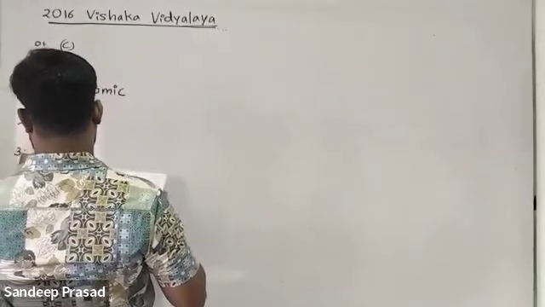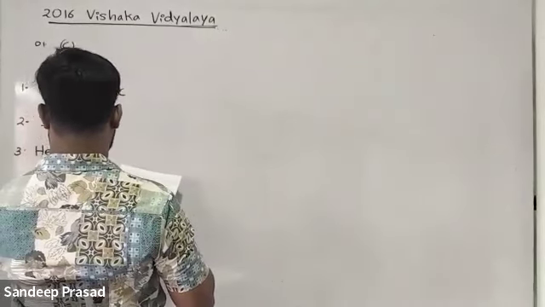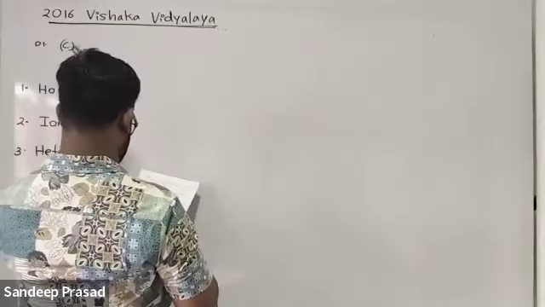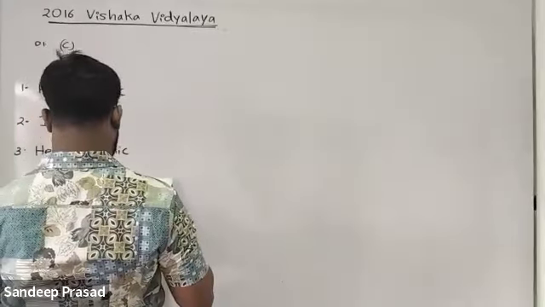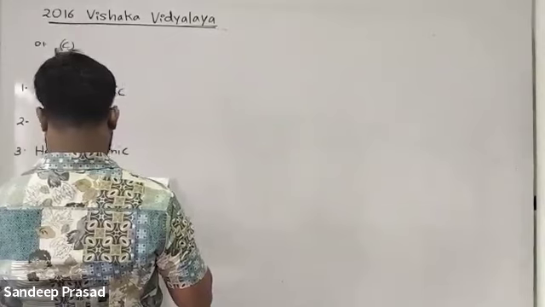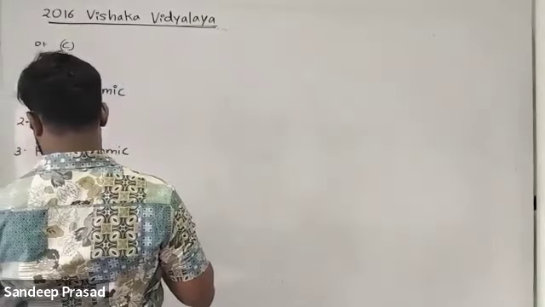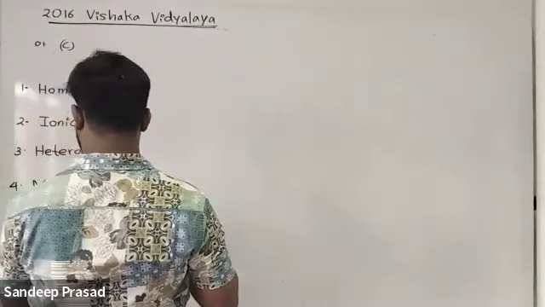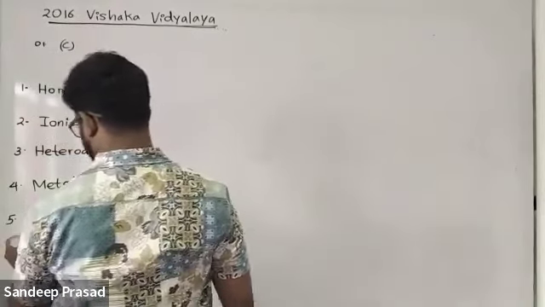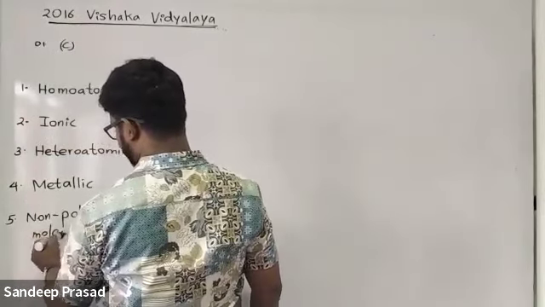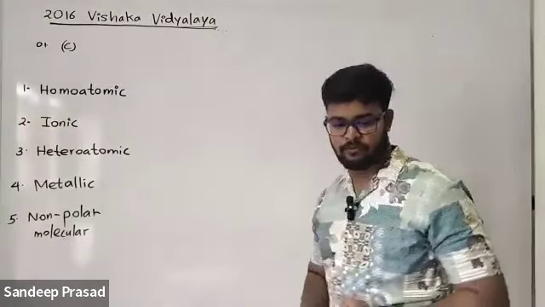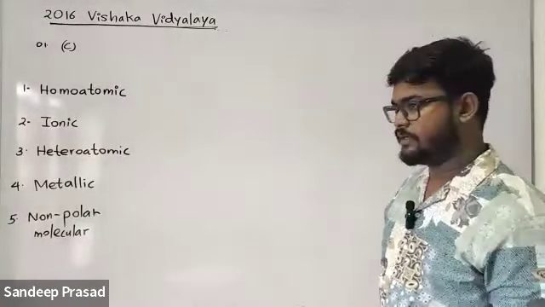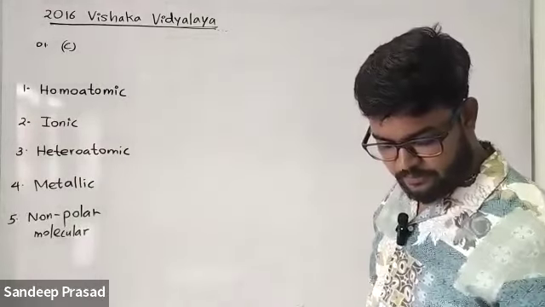Number 3, heteroatomic. Number 4, metallic. Number 5, non-polar molecular. Students, correct this one. In your tutorial, they have given polar molecular. Correct that one as non-polar molecule. Okay.